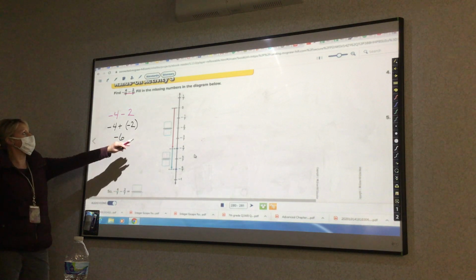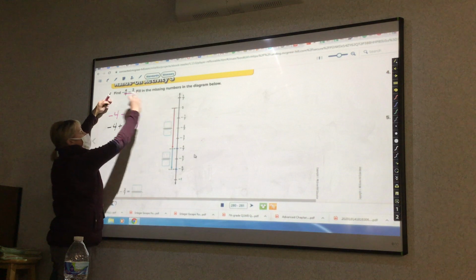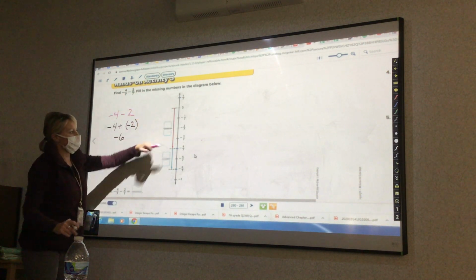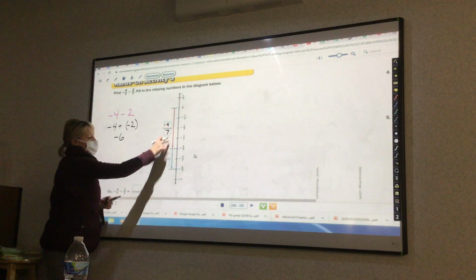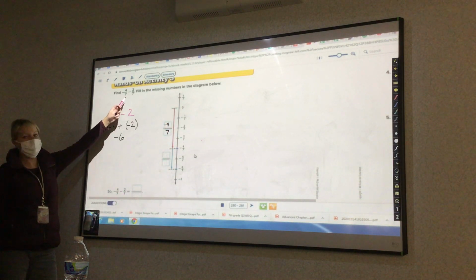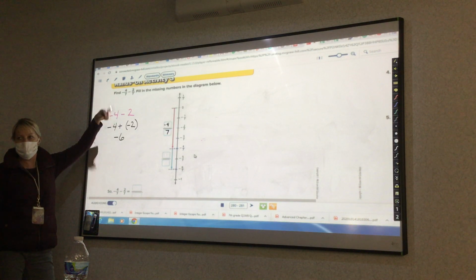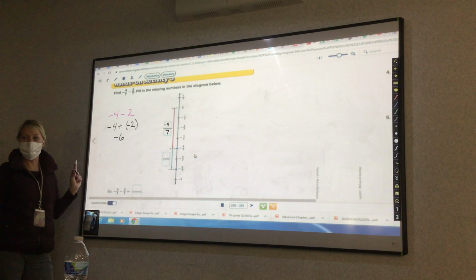Let's do it on the number line. We start at 0, always. Here's my 0. And if it's a negative 4, we go down. So we're going to say negative 4 sevenths. Then I need to subtract. And when you're subtracting, you're still going down. Going down is the same as going left.